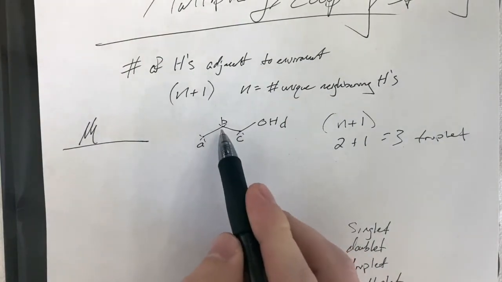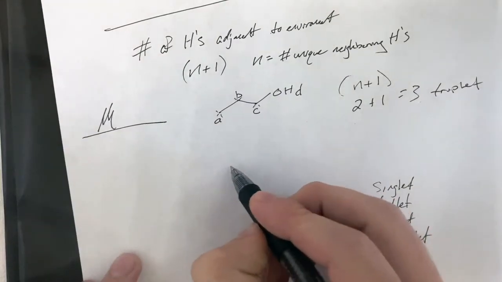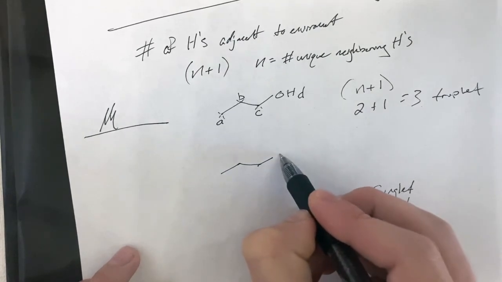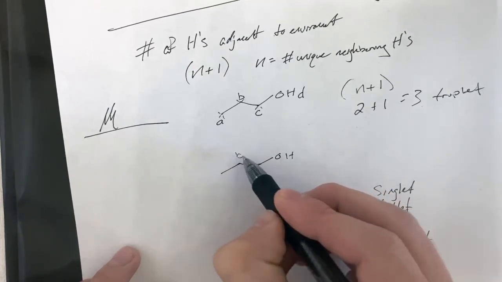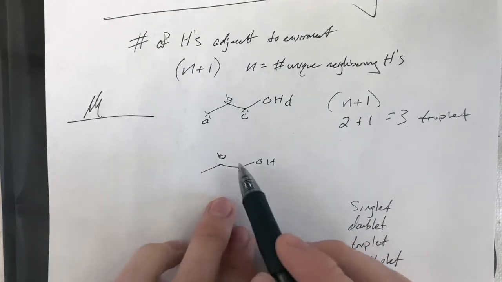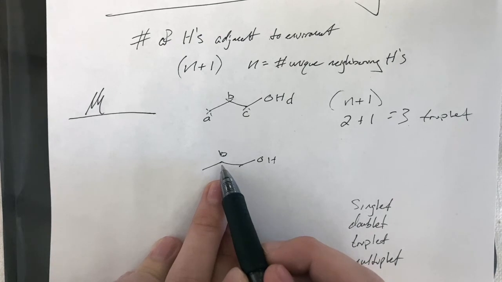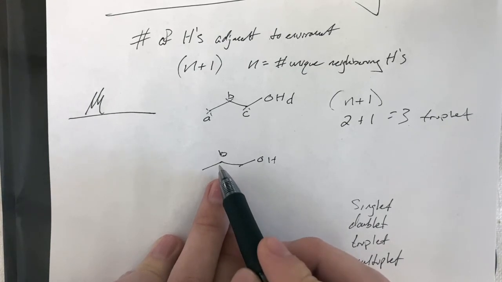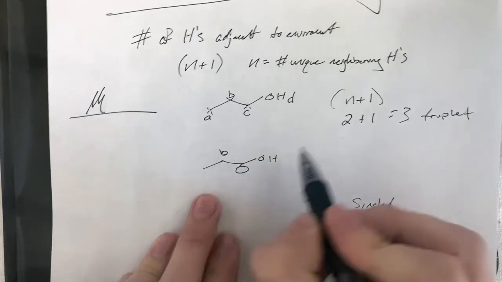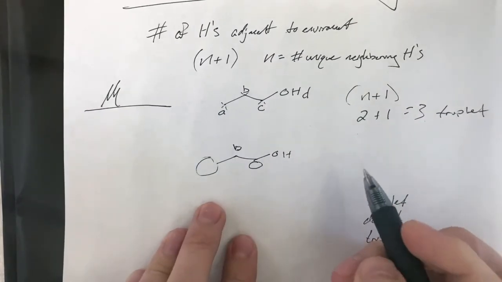So going to B, we're looking at the unique environments coming off of B, okay? So the neighboring hydrogens and other unique environments in relation to B are these hydrogens and these hydrogens.